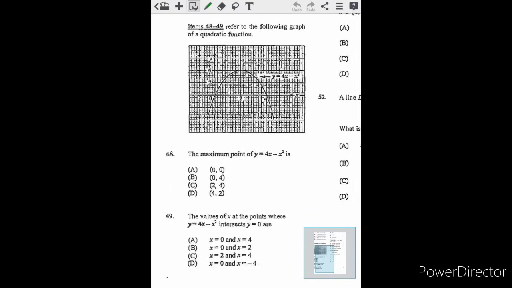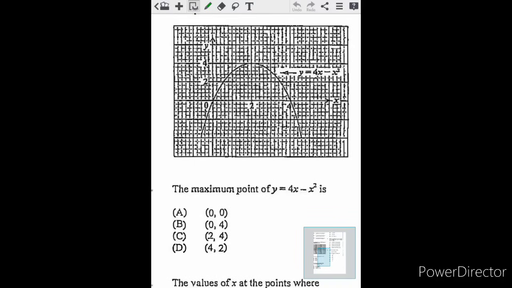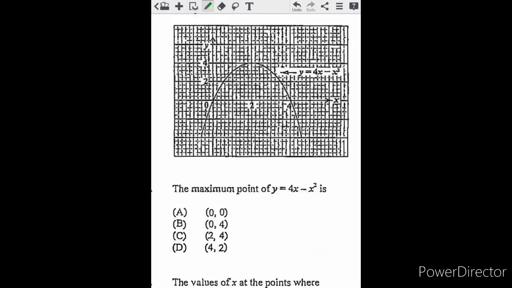Items 48 to 49 refer to the following graph of a quadratic function. 48, the maximum point of y is equal to 4x minus x squared is... So we need to find the maximum point. So let's zoom in to find that. The top of the curve, that's where our maximum point is.